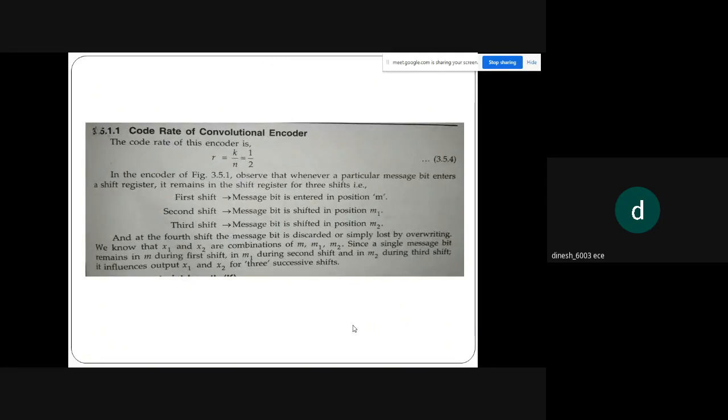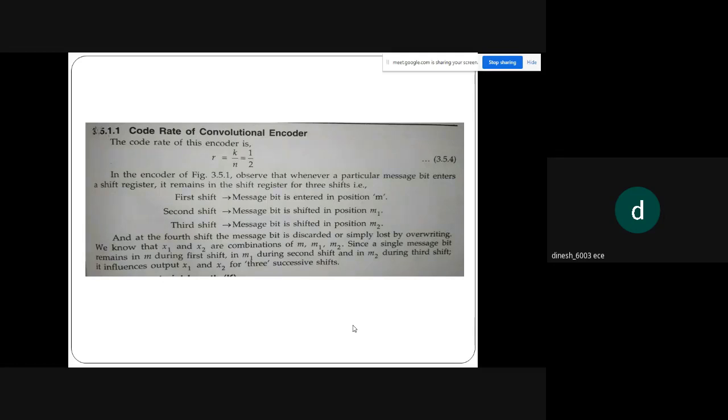Next, we need to define the code rate of this encoder. How do we define code rate? Code rate is the formula that we had seen in linear block codes. It is the same formula, k by n. So for this problem, the small k value is 1 and n value is 2.